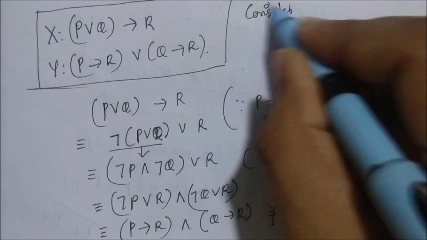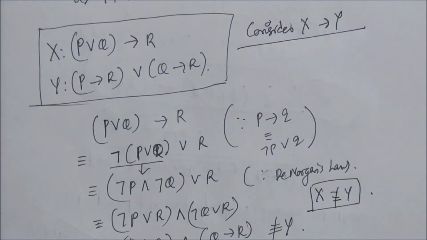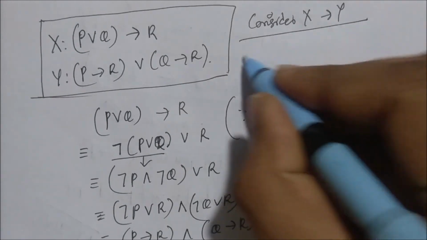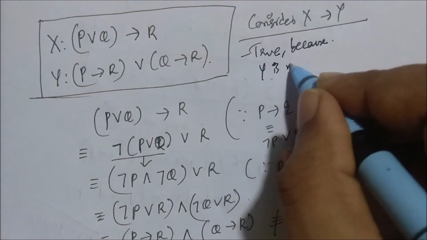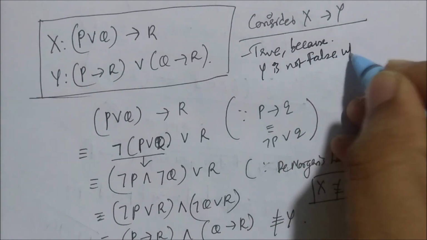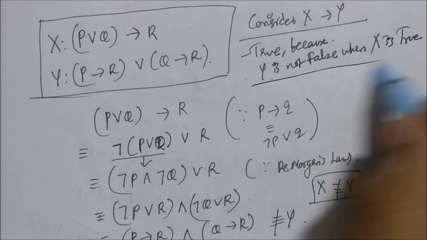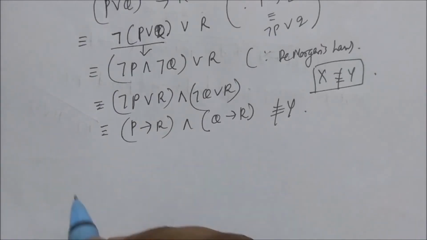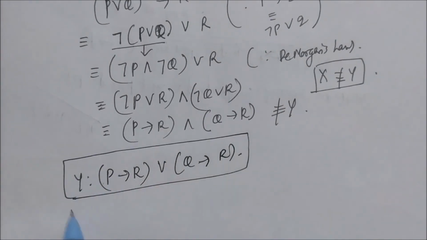Let's see whether X implies Y is a tautology or not. If you see, X implies Y is always true because Y is not false when X is true. When Y is not false when X is true, X implies Y is a tautology, right? Now let's see when Y will be false. Y is false when P implies R is false and Q implies R is false.